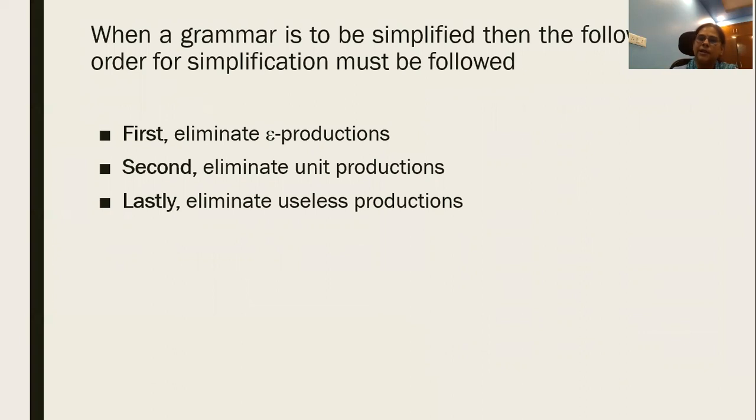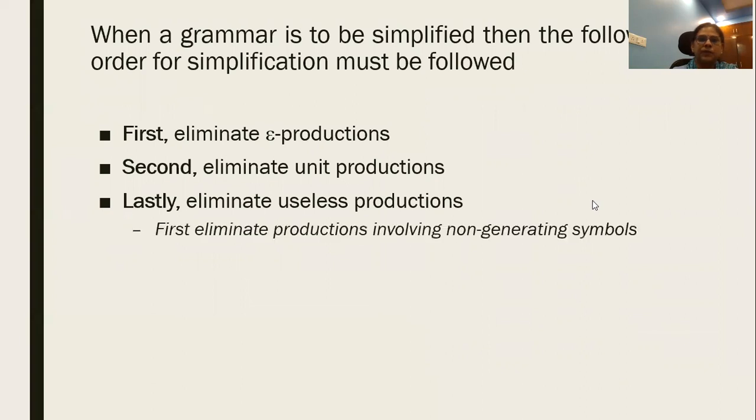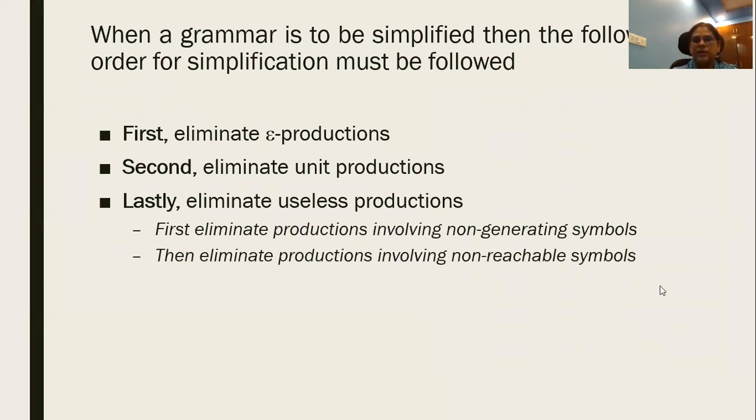And lastly, eliminate useless productions. One more reminder here. When you are eliminating useless productions, first eliminate productions involving non-generating symbols, then eliminate productions involving non-reachable symbols. So with this, we reach the end of this topic. Thank you.